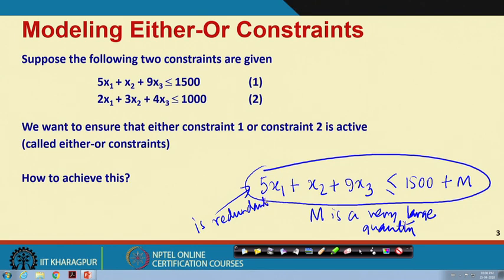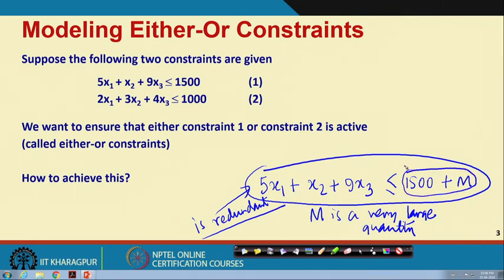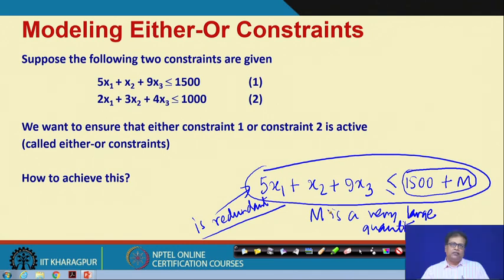Why will this constraint be redundant? Because look at the right-hand side, 1500 plus M is a very high quantity because M is very large. So, M plus 1500 will also be very large, and 5x1 + x2 + 9x3 will always be less than a very large quantity. So, this constraint will be null and void and therefore not active.